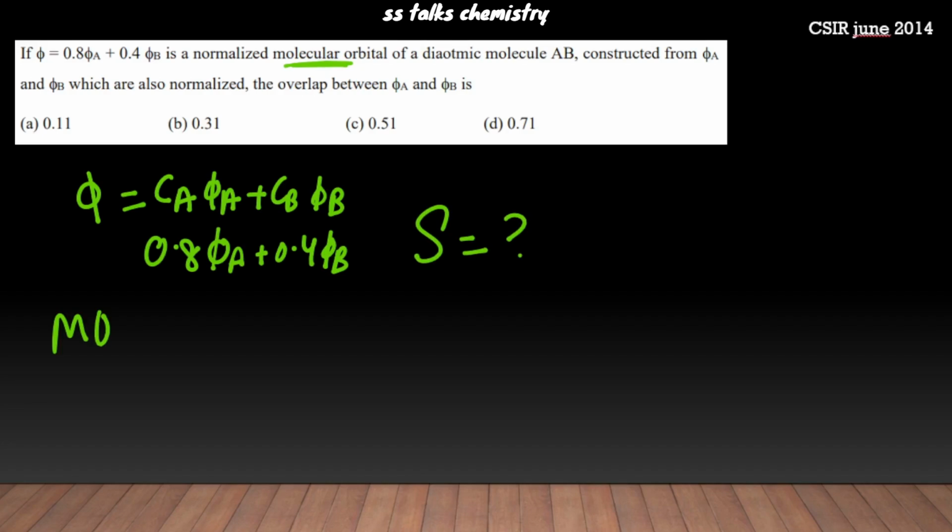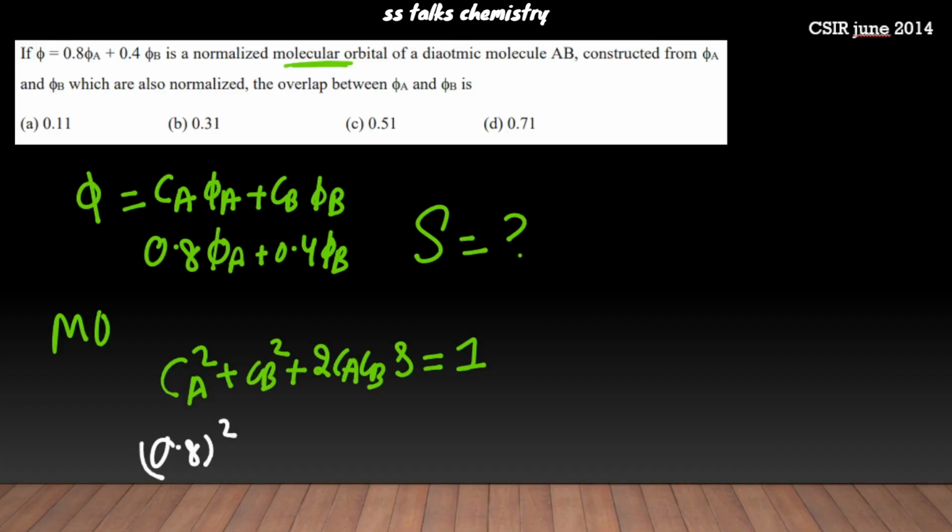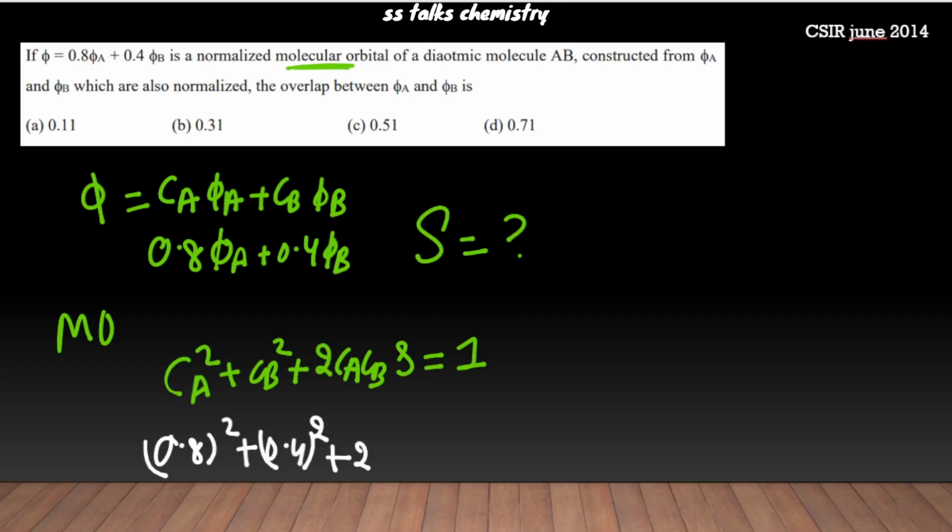For the MO, we know that Ca squared plus Cb squared plus 2 times CaCb into S is equal to unity. Now these values are known to us, so just substitute them. It becomes 0.8 squared plus 0.4 squared plus 2 times 0.8 into 0.4 into S, which is equal to unity.